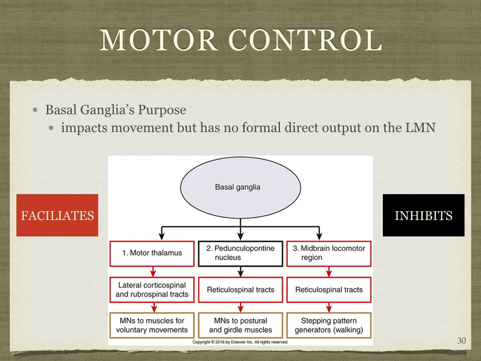So if we have too much inhibition, we're going to see a slowing of that movement. If our basal ganglia is facilitating this, we're going to have hyper movement.